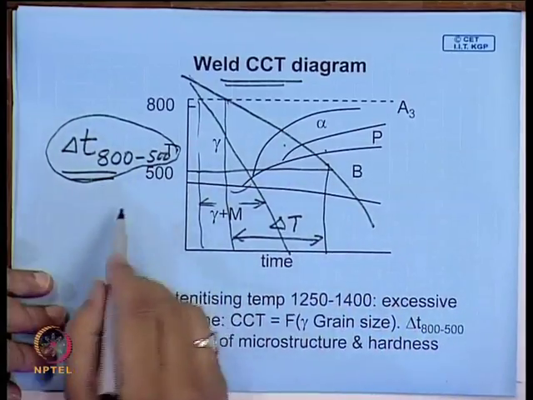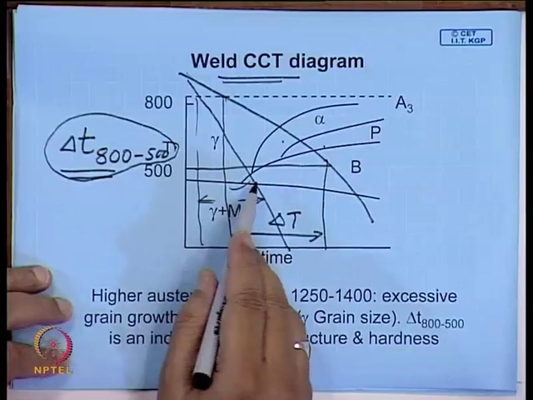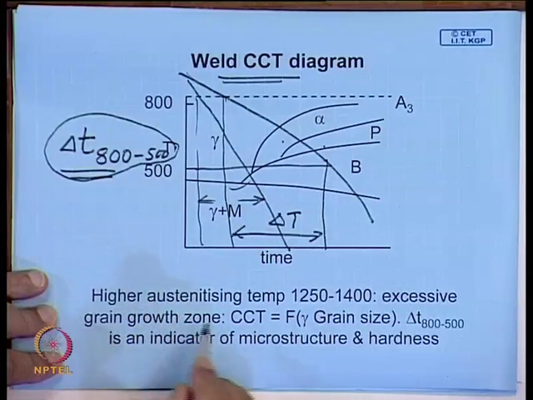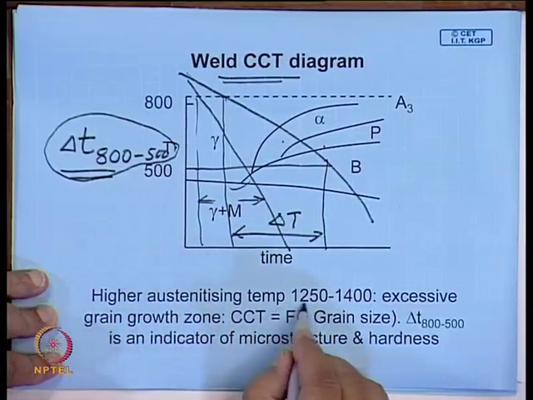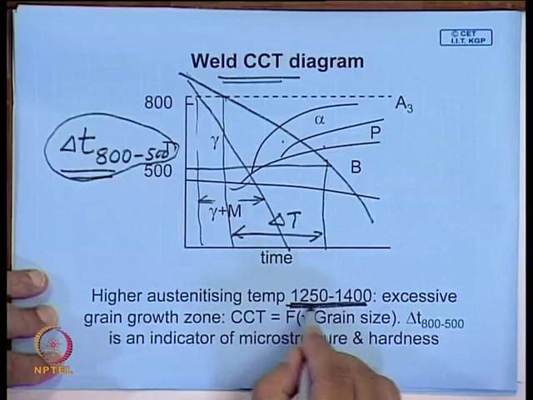So, that means this type of diagram helps us to convert the cooling rate into microstructure, and microstructure can then be related to hardness.